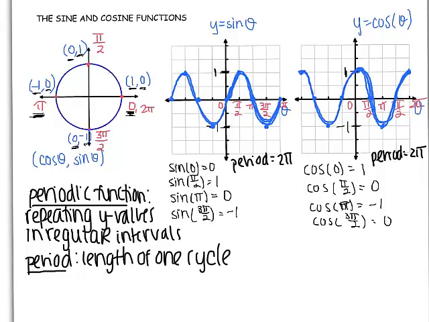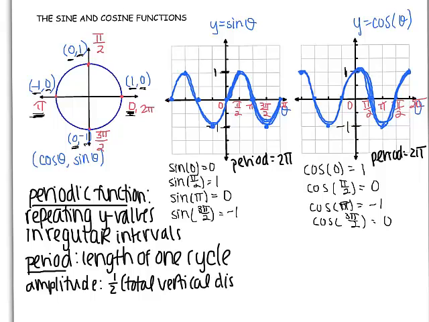The other important piece is what we call the amplitude. Now, the amplitude is half of the total vertical distance, and it's also related to what we call the midline. So it's half the total vertical distance, and it's also the distance to and from the midline.